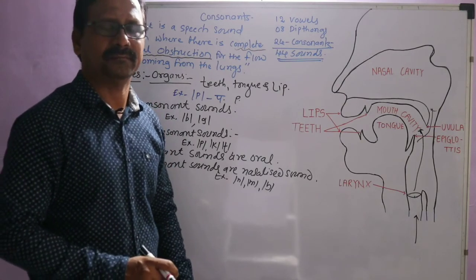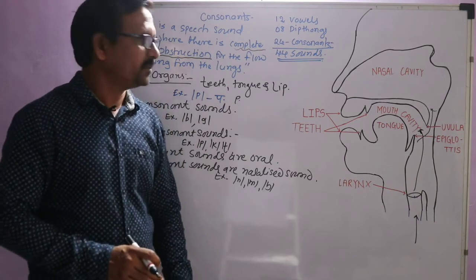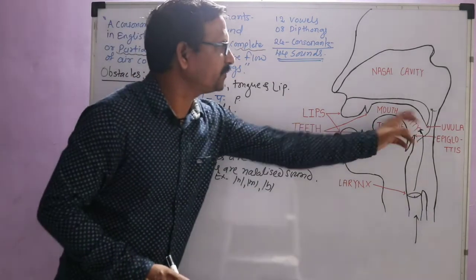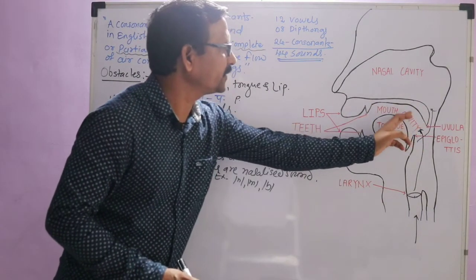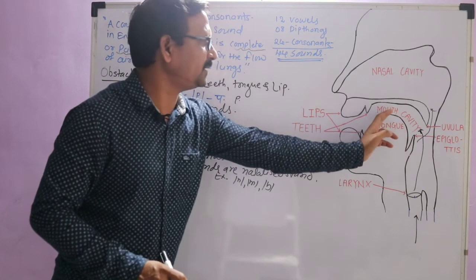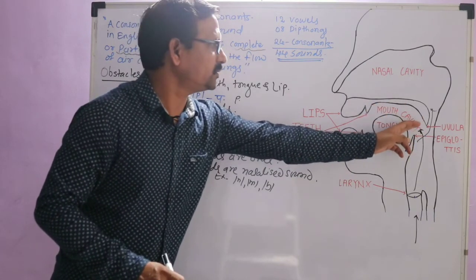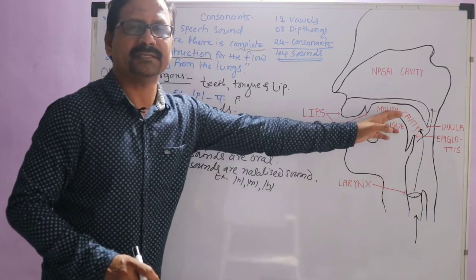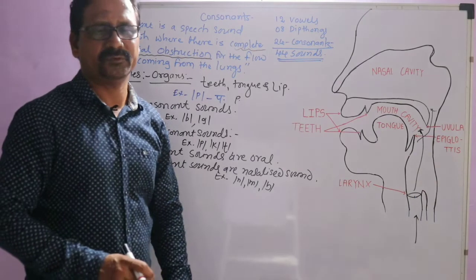So these are some consonant sounds. The soft palate, this is the palate, whole from here to here. The palate also has three parts: alveolar ridge, hard palate, and soft palate. The soft palate plays a very important role when nasalized sounds are produced.